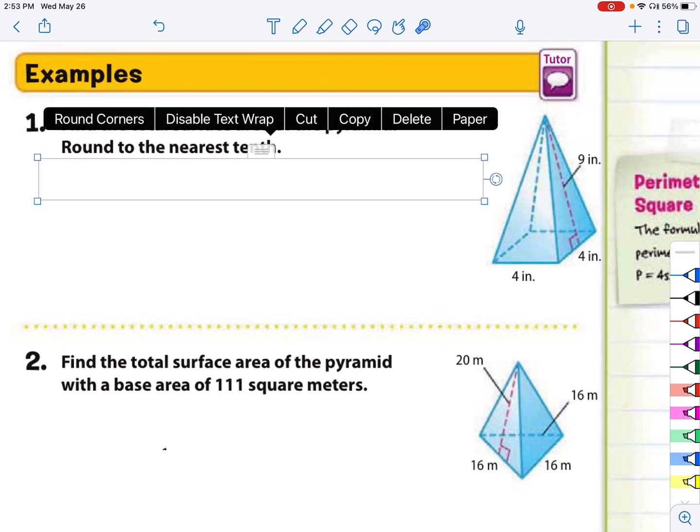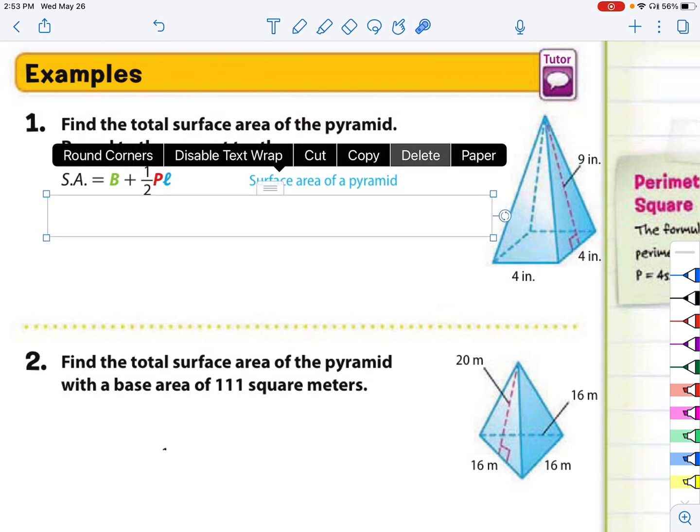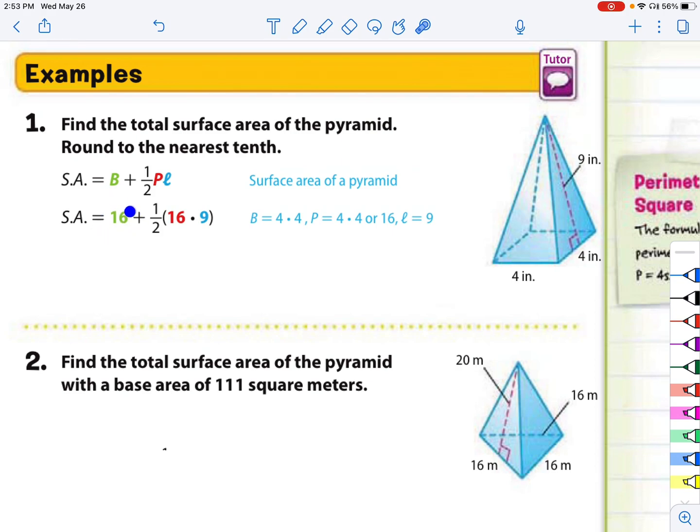So let's find the formula first, which is area of the base plus 1/2 PL, P being the perimeter, L being the slant height. Substitute the values. Our base area is 16. Why? Because the area of a square is S squared, or 4 times 4, which gives us 16. And then the slant height will be 9 right here.